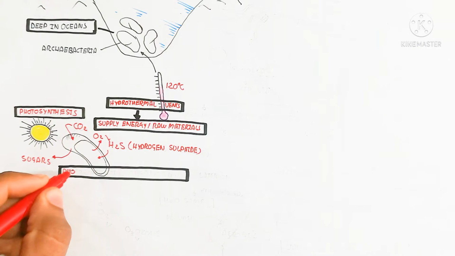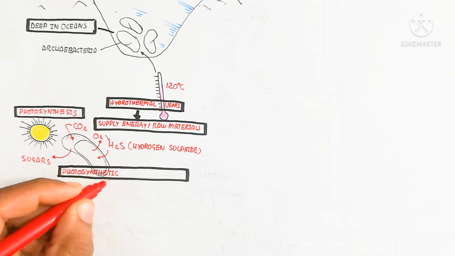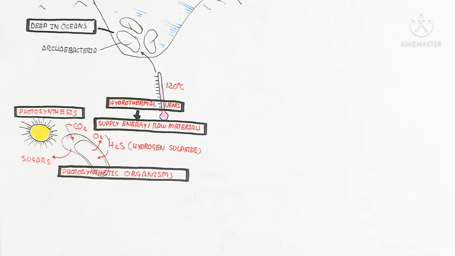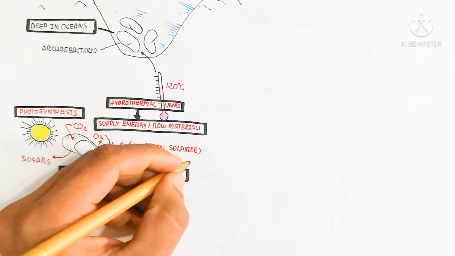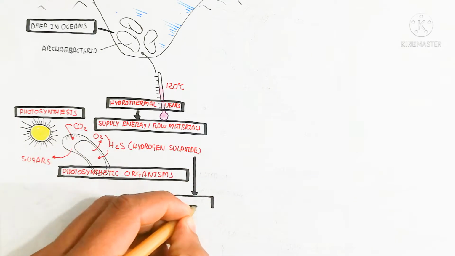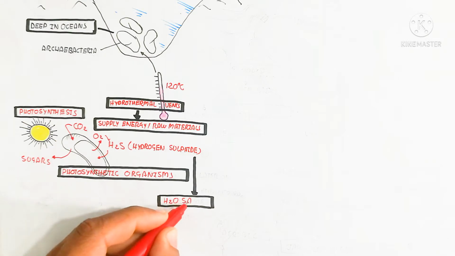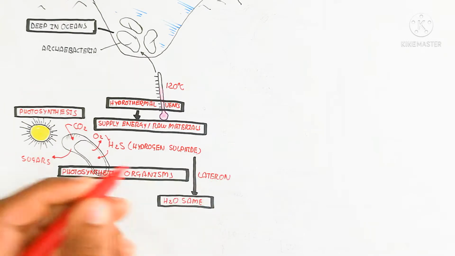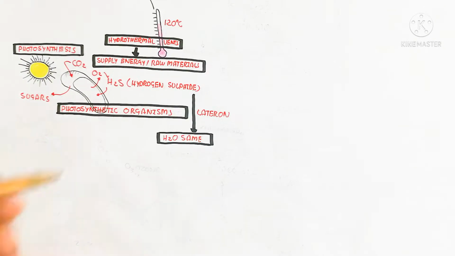So in this way the photosynthetic organism will be formed, using hydrogen sulfide as compared to the water used in the present time, and sugar is produced by the fixation of carbon dioxide and photosynthesis. So the photosynthetic organism is produced after all.